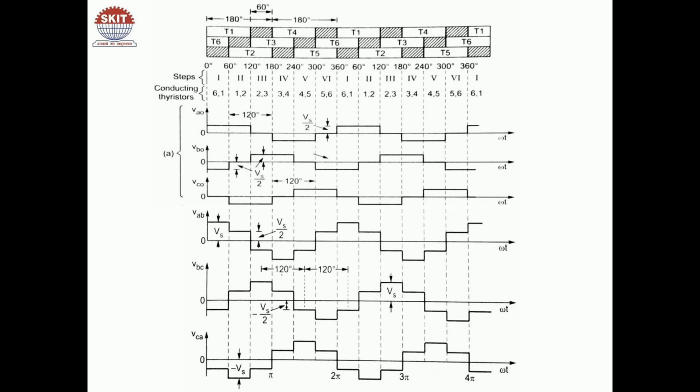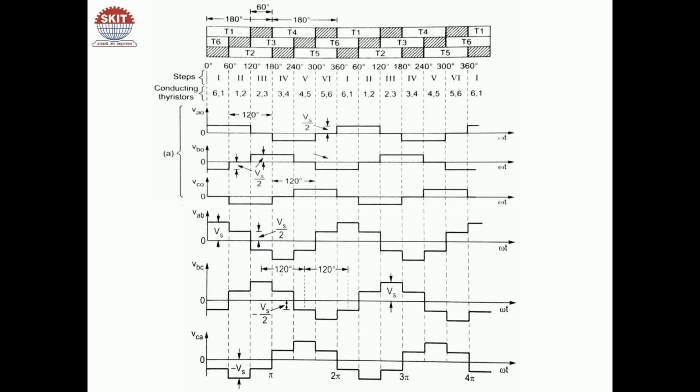From 60 to 120 degree, the VAB is Vs by 2. From 120 degree to 180 degree, 0 minus Vs by 2, that will be minus Vs by 2.